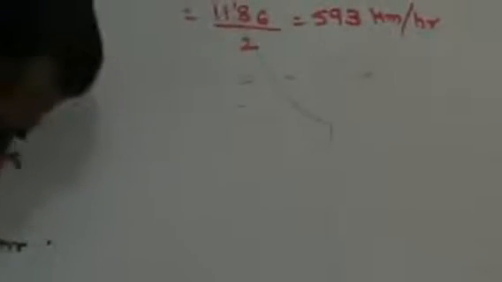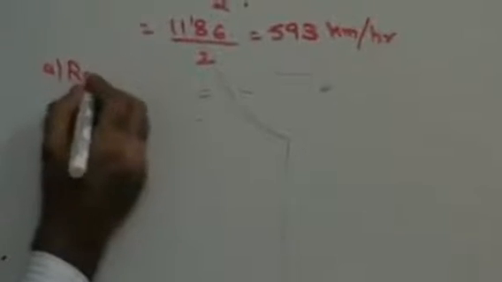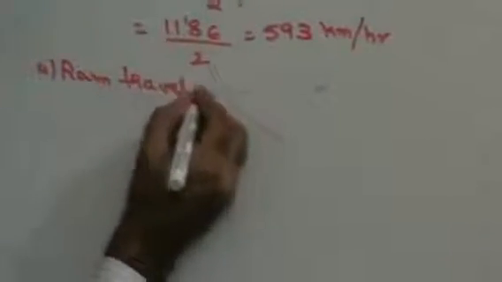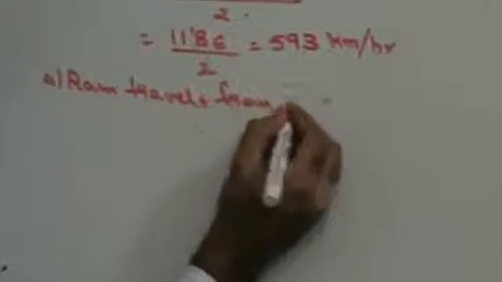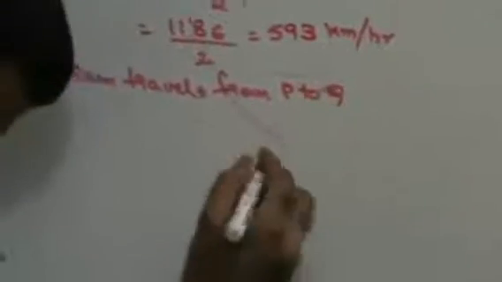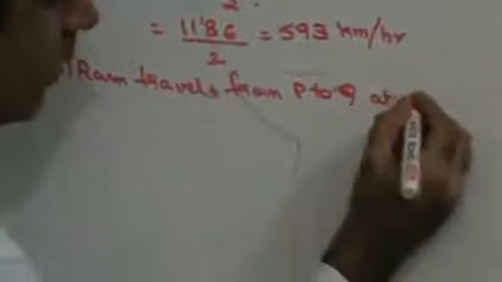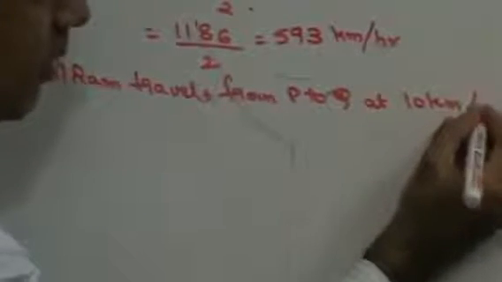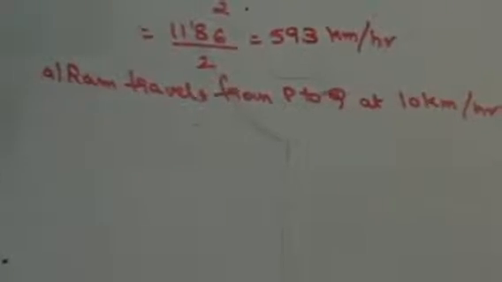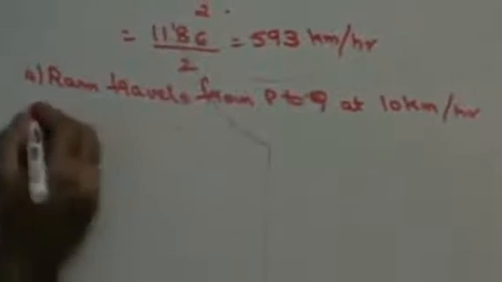Ram travels from P to Q at 10 kilometers per hour and returns at 15 kilometers per hour.